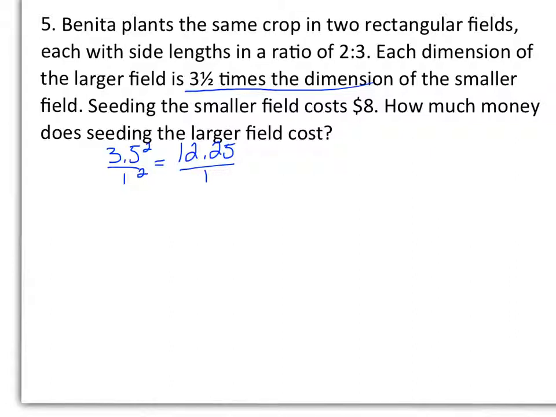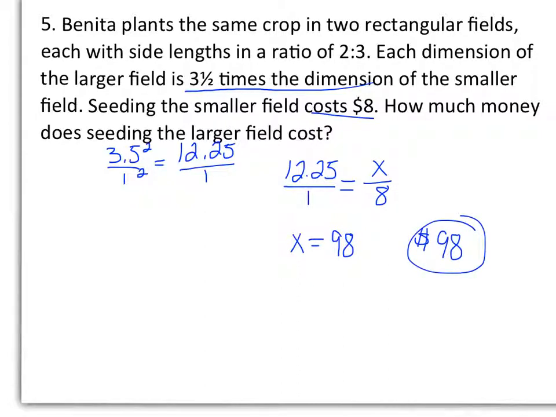We know that the smaller field costs $8, so we can say 12.25 is to 1 as x is to 8. Then taking the cross product, we get x equals 98, or it will cost her $98 to seed the larger field.